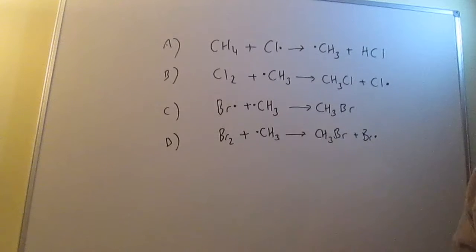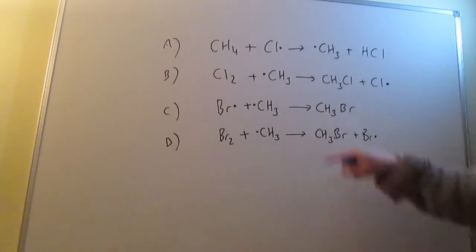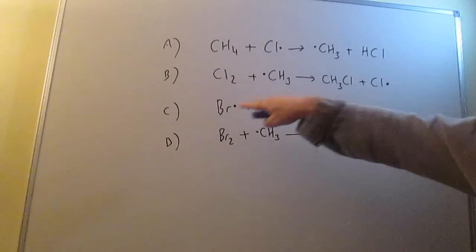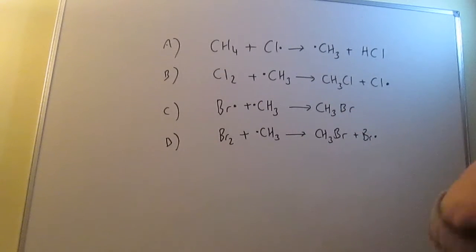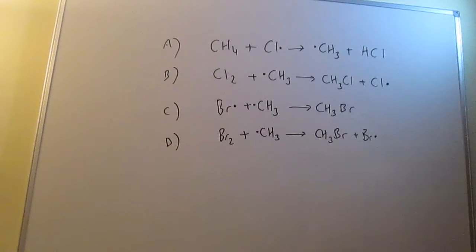But C is the interesting one, because you can see in C none of these bonds get broken because the CH3 is still intact, the Br is still intact, all they've done is join together. So C is the one that stands out because there is no bond breaking involved. All that happens is that they come together and form a bond. So if you don't have to break a bond, you don't expect there to be much of an activation energy. So the answer is simply C for that reason, because it's the only one that doesn't involve breaking a bond.